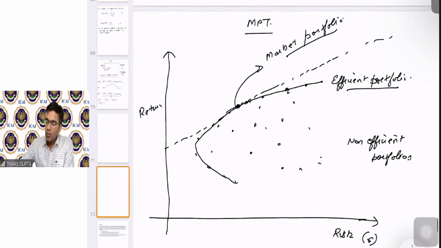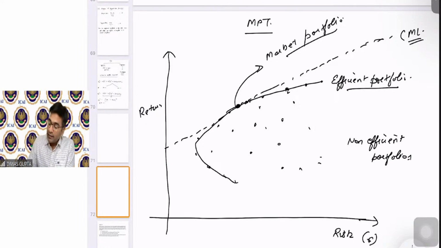Okay, students. So this is what I was trying to explain with the help of Markowitz theory, that all the portfolios on the efficient curve will be giving you the optimized return. And also, students, please note that this is the line that I have made here. This is called the capital market line that we have already studied.